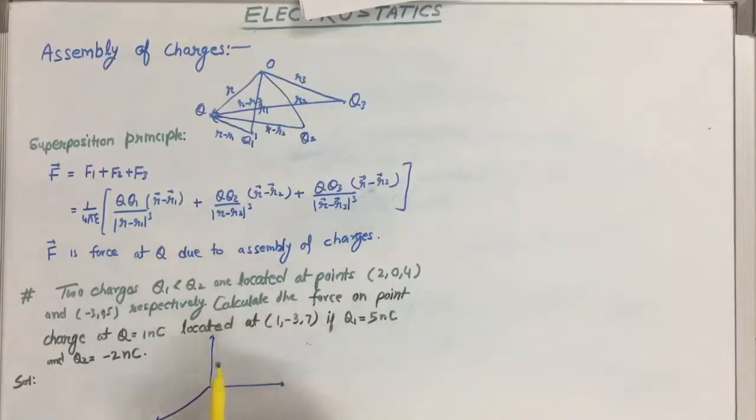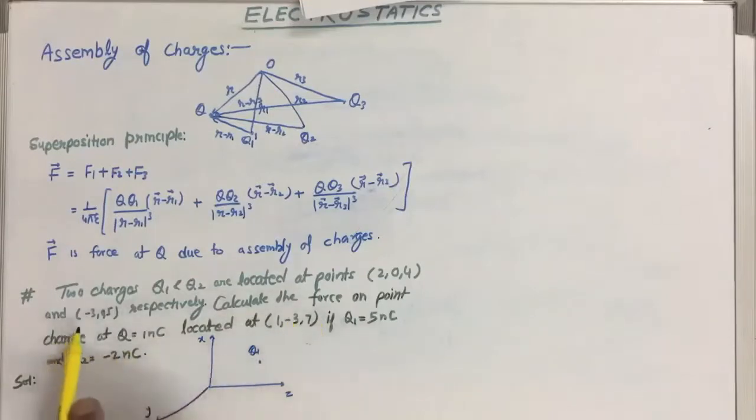First charge Q1 is placed at 204. 204 means y-axis is absent. So if you are considering x, y, z, then your point will be somewhere x is equal to 2, z is equal to 4, somewhere here. Point is here. This is Q1.